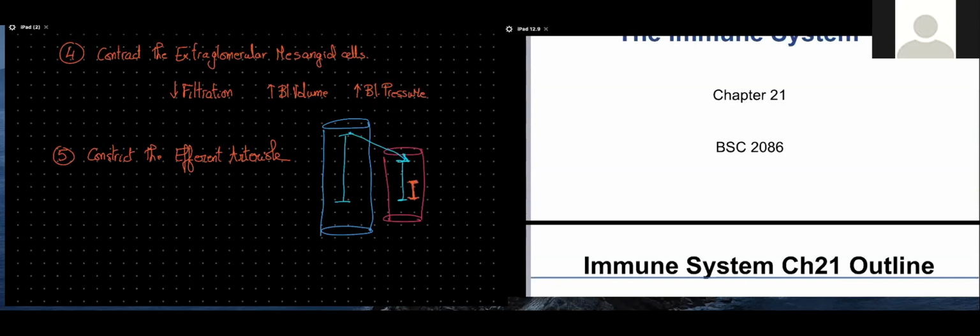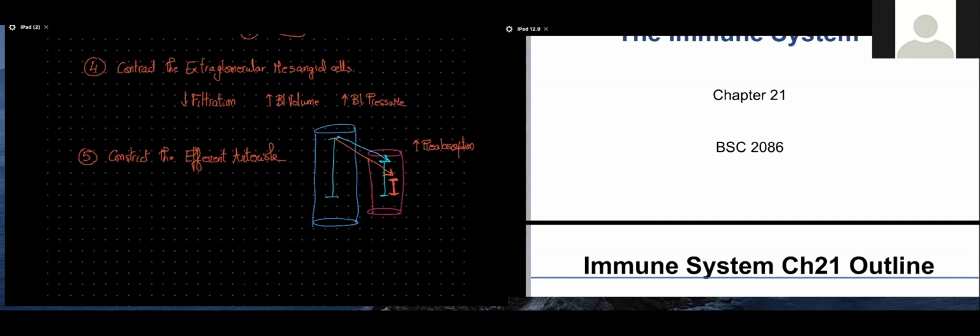So I have less hydrostatic pressure within my peritubular capillaries, so the difference between the two pressures will be increased. And as I increase the difference between the two pressures, what's going to happen? This allows me to have more reabsorption. And if you increase the reabsorption of the water back to your blood, this will increase your blood volume, and so it will result in an increase in the blood pressure.